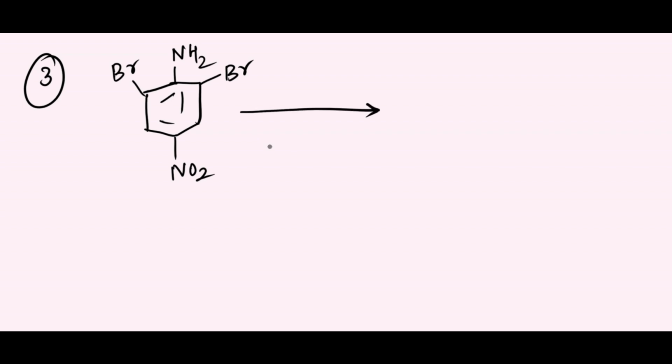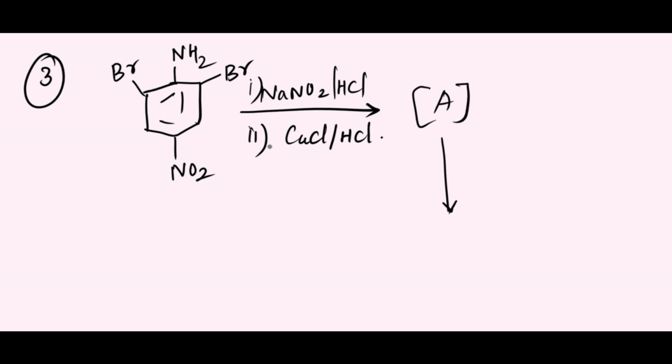That is giving us the reagent NaNO2 and then CuCl, HCl. We know the first step, that is diazotisation, but the reaction is not stopping over here. It is giving the product A.